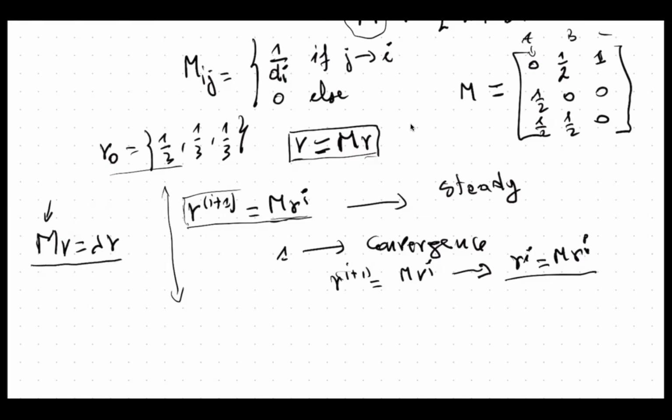We come up with this equation, and from it you can see that it is similar to an eigenvector. It tells us that R is an eigenvector of the matrix M, based on the definition of an eigenvector of a matrix. And here we can see that lambda is equal to 1.